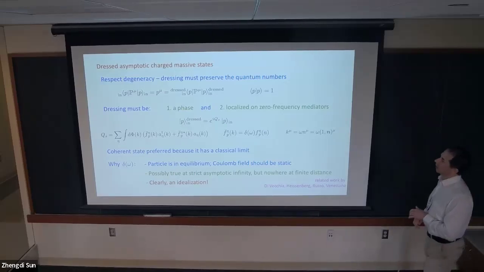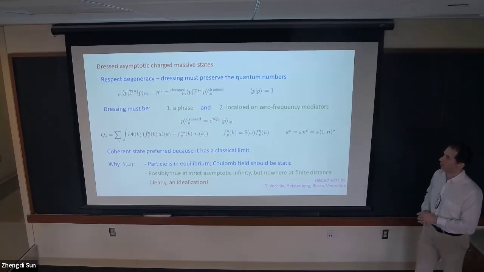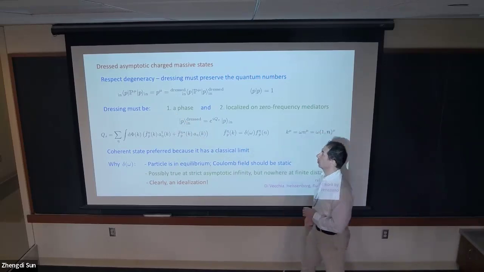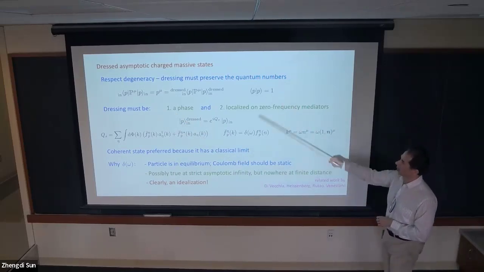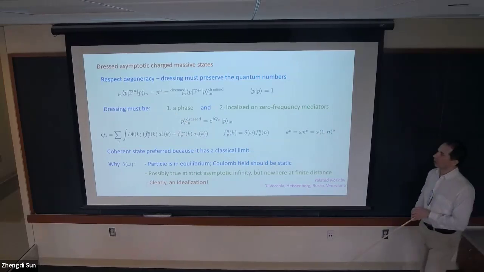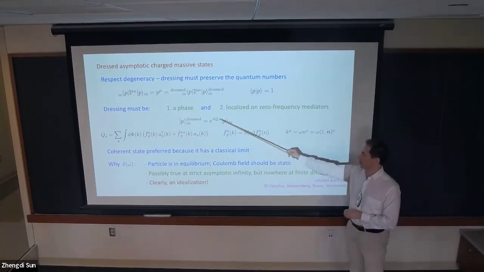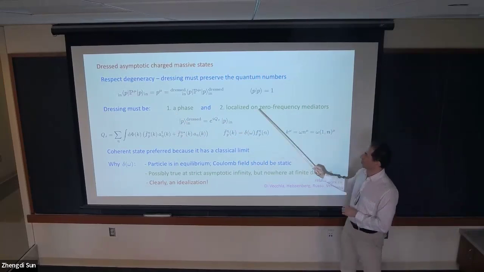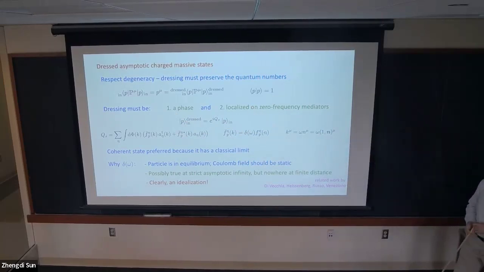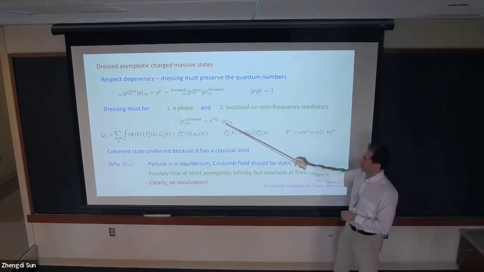But of course, there is some amount of constraints that we need to put in. For example, we need to make sure that the momentum of the particle doesn't change or that the normalization of the state doesn't change. So between these two, there is really only one solution, that there is a phase that gets to dress this initial particle. And then if we also want a nice classical limit, then this phase has to be, in fact, a coherent state.